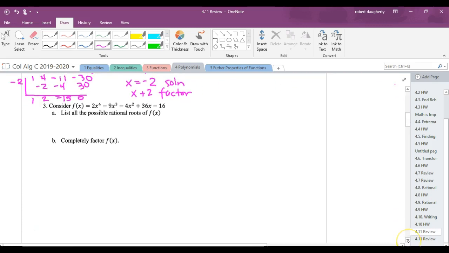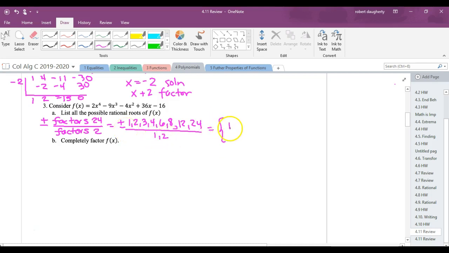Next one, I give you a polynomial, list all the possible rational roots. So again, those are plus or minus the factors of 24 divided by the factors of 2. So that's plus or minus 1, 2, 3, 4, 6, 8, 12, 24, divided by the factors of 2, 1 and 2.